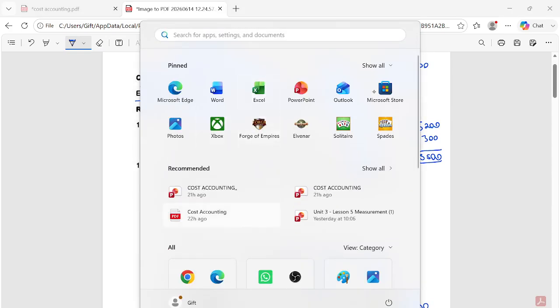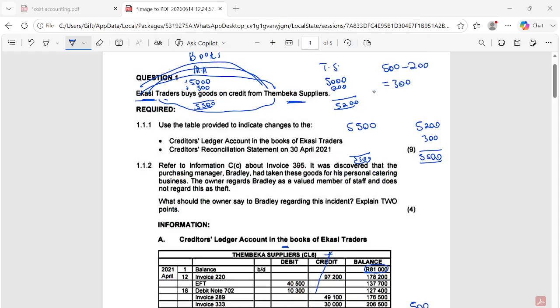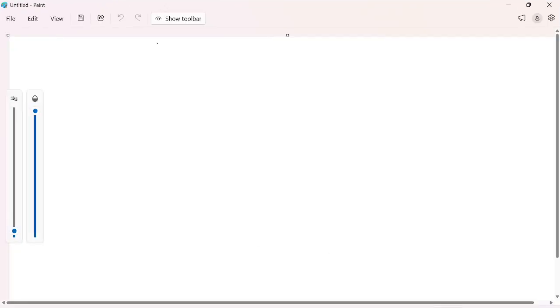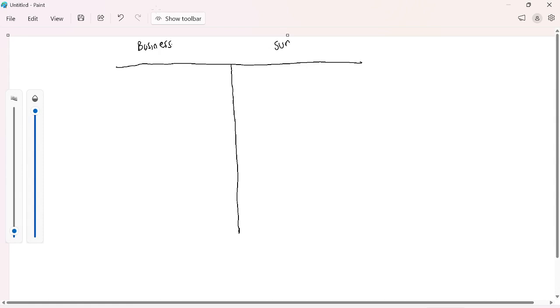Okay, now we are starting, guys, right? So I'm going to start by doing something like this. I'm going to say this is the business, and then this is the supplier. The business is Ekasi, and then this is Temberg.